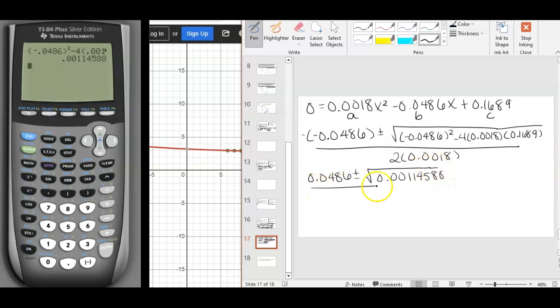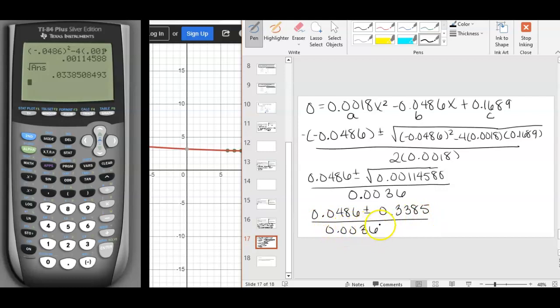Okay, and then that's all divided by 2 times 0.0018, which is 0.0036. Okay, so now let's take the square root of the value we have there. So this is going to become 0.0486 plus or minus 0.03385 all over 0.0036. Okay, so now we have two solutions because of the plus or minus.